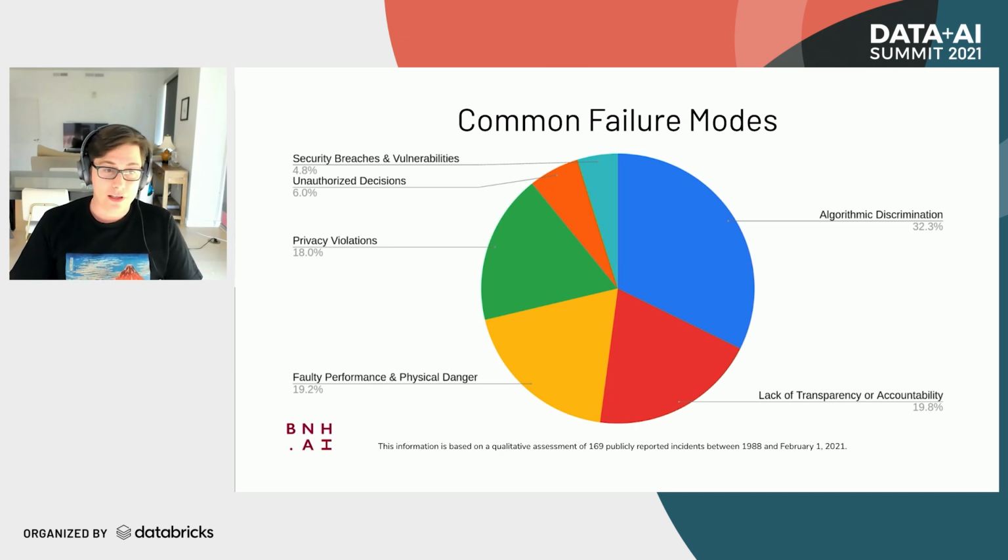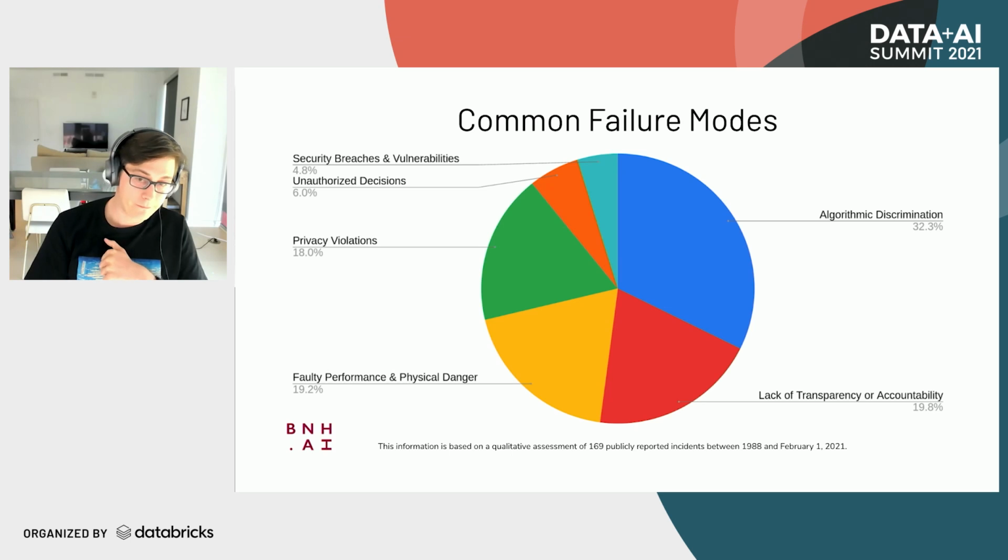And I think that's a really good idea, because if you don't watch them, they'll end up making decisions that maybe you didn't even know that they were able to make, or make them in a context that you weren't aware of, and that could have both reputational and legal consequences. There are also some security breaches related to machine learning, and I expect that we'll see that rise in the future. For now, that's the smallest top category.